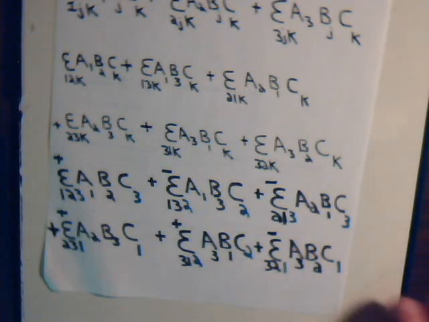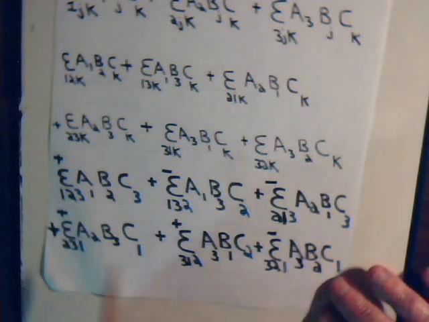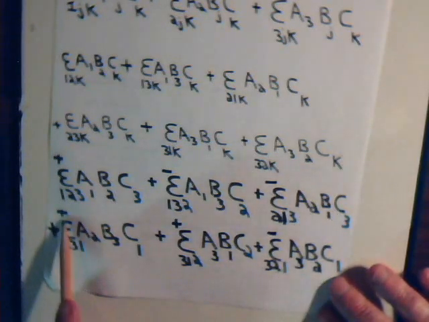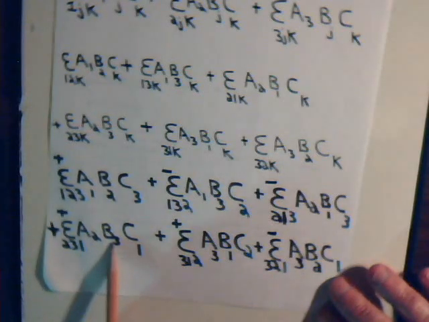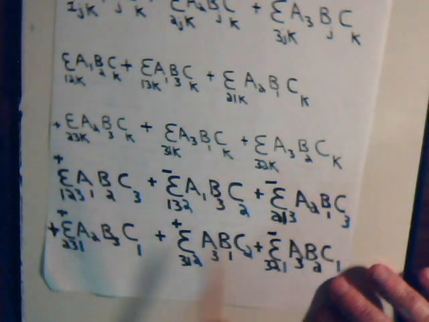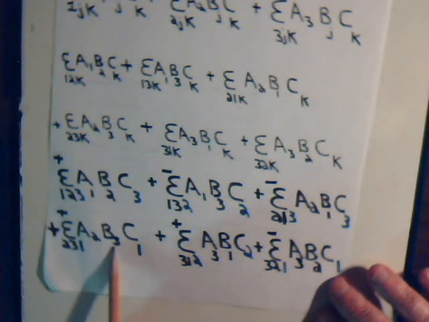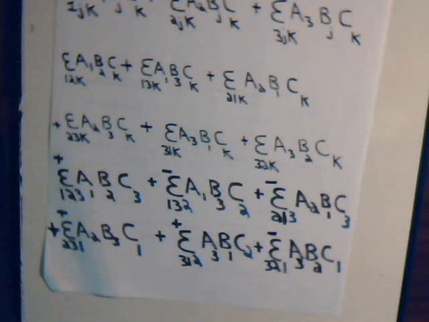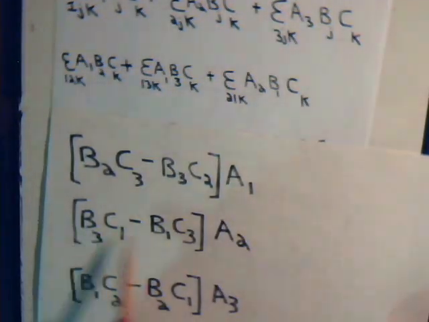Then here we have negative A2, B1, C3, plus A2, B3, C1. Factor out the A2, we'll have B3, C1 minus B1, C3. And that is written down right here.